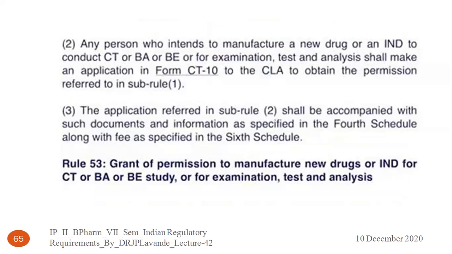So if the person wants to carry out the clinical trial or bioavailability or bioequivalence studies for the new drugs or the investigational new drugs, he or she needs to apply to the Central Licensing Agency, CDSCO. Which form needs to be used? It is form number CT10. So form number CT10 is to be used in order to get approval to conduct the clinical trial or the BABE studies or for examination or test or analysis.